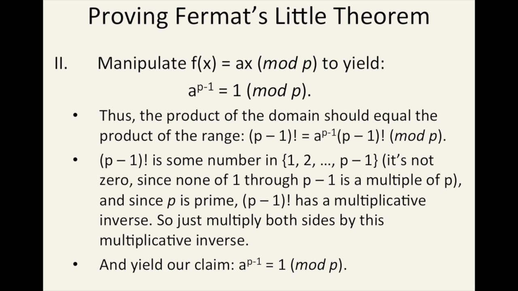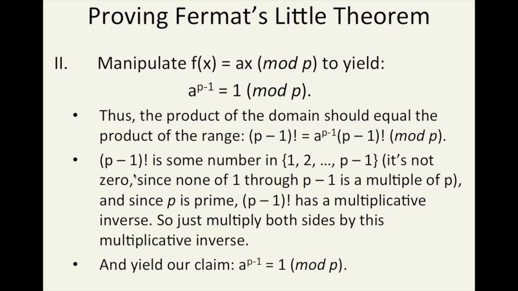But let's go ahead and see that a little more formally, or a little more visually, and we'll see that since we're able to equate the product of the domain and the product of the range, we can get this equation. P minus 1 factorial is actually equal to a to the p minus 1 times p minus 1 factorial mod p.